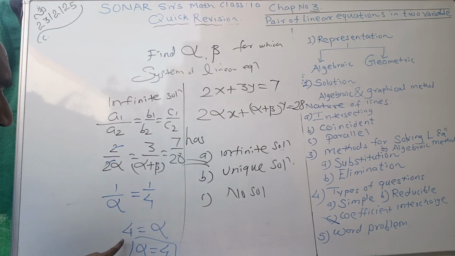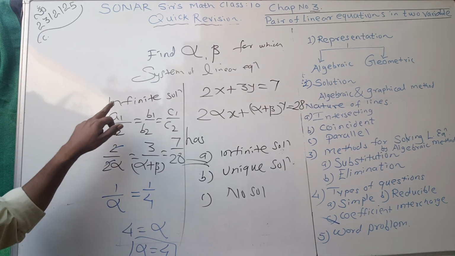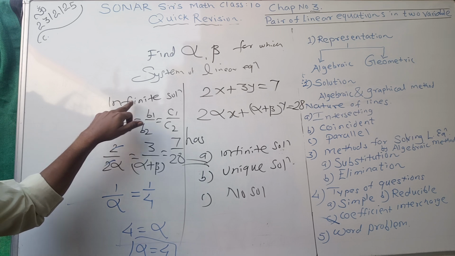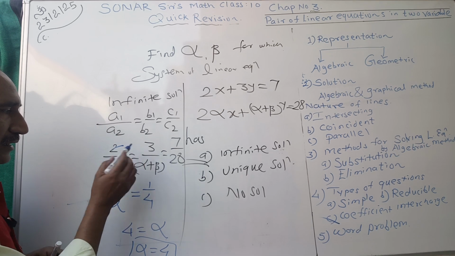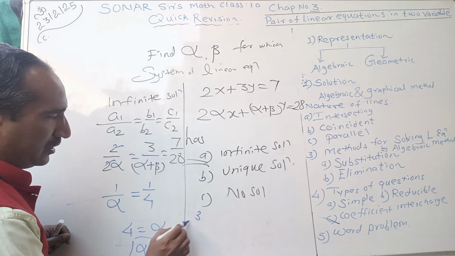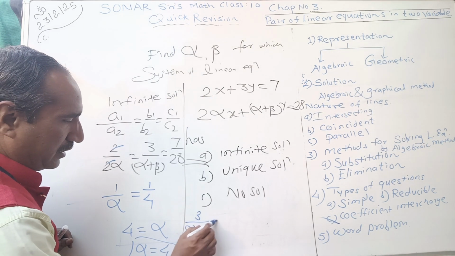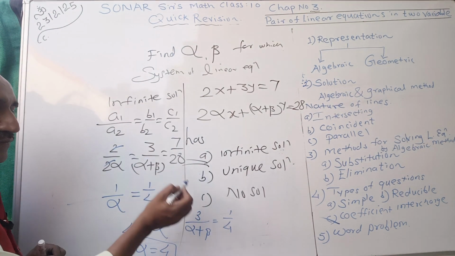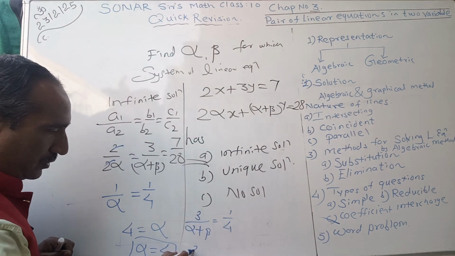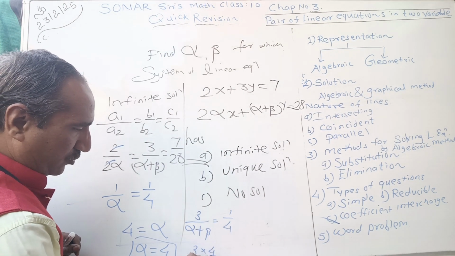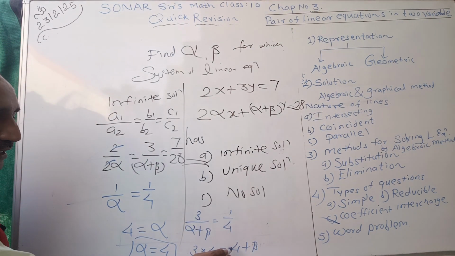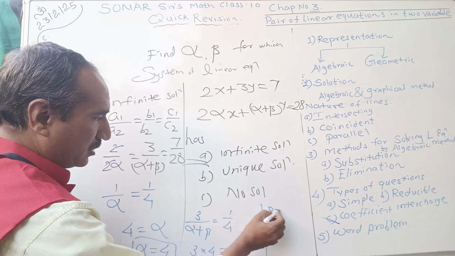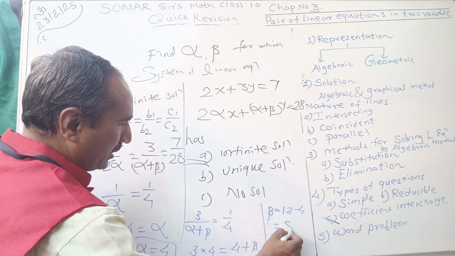In this way we got alpha equals 4 when the condition is infinite solutions. We can solve for beta also. We take the first and second equations: 3 upon alpha plus beta equals 1 upon 4, since 7 upon 28 is 1 upon 4. Cancelling, 3 into 4 equals 4 plus beta. 4 threes are 12, 12 minus 4 gives beta, which is 8.